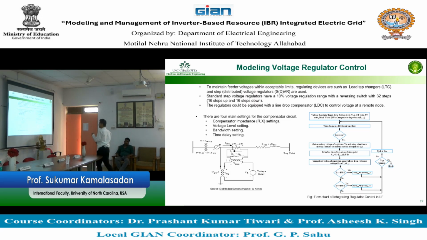That is represented in the regulated point, and then the CT measures that, calculates it in the form of a drop, and then regulates the voltage. So it's a compensator, impedance settings, voltage level settings, bandwidth settings, and time delay setting. These are the 4 things that happen on the regulator.